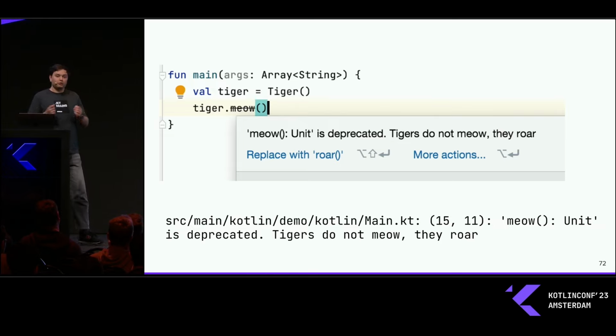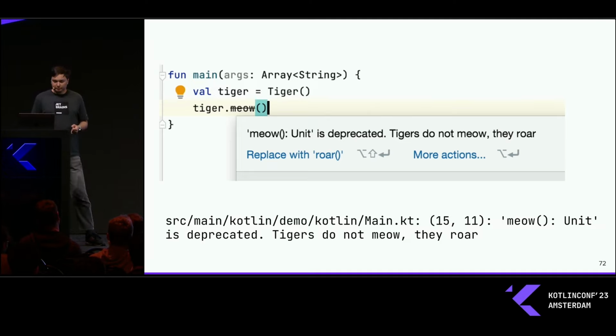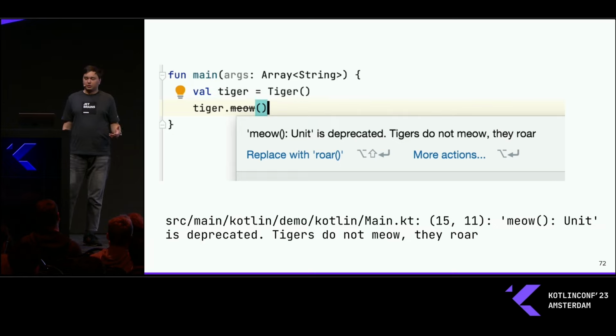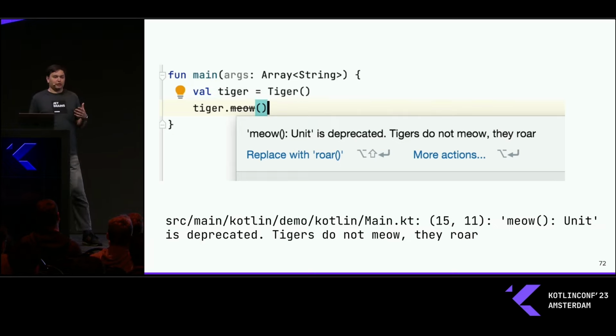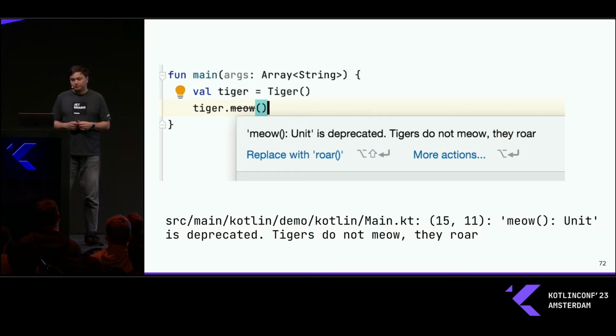So what does the client of this Kotlin library see? They see that meow is deprecated, and the reason why it is deprecated is stated directly after the deprecation message, so it is more visible to the user. It is also visible by default when you do a Gradle or CLI build, in contrast to Java, which doesn't print these messages until you specify -Xlint:deprecation.